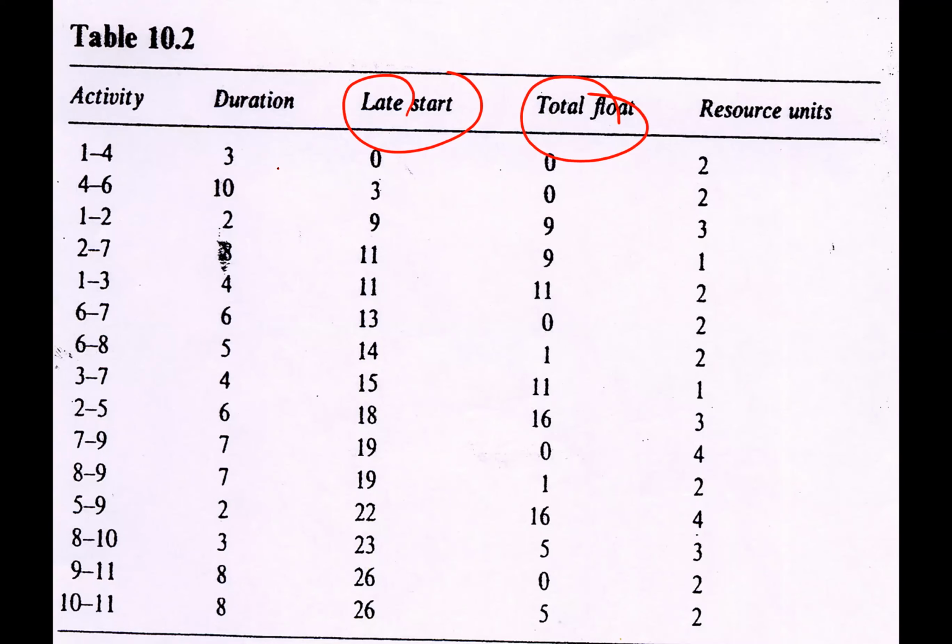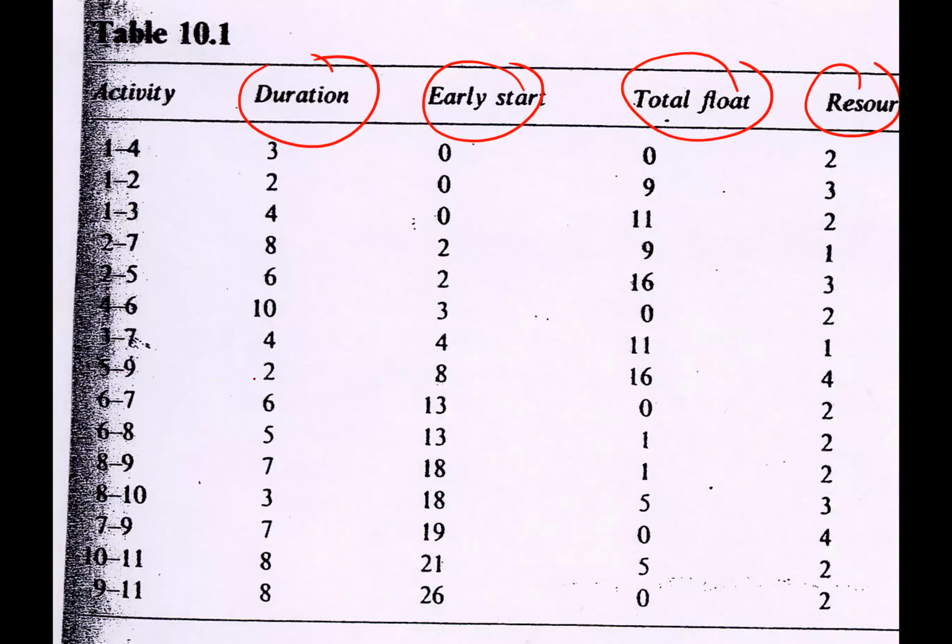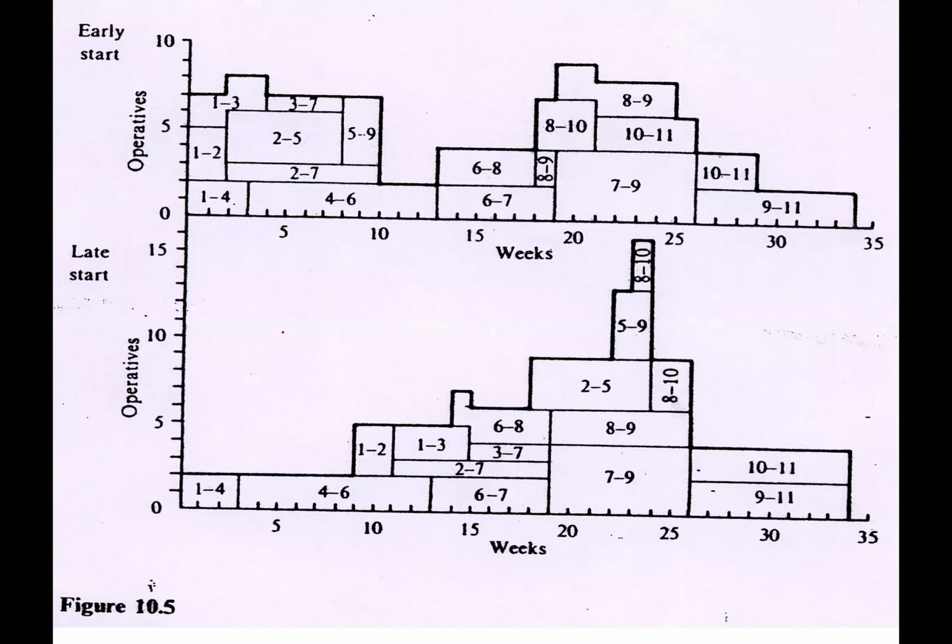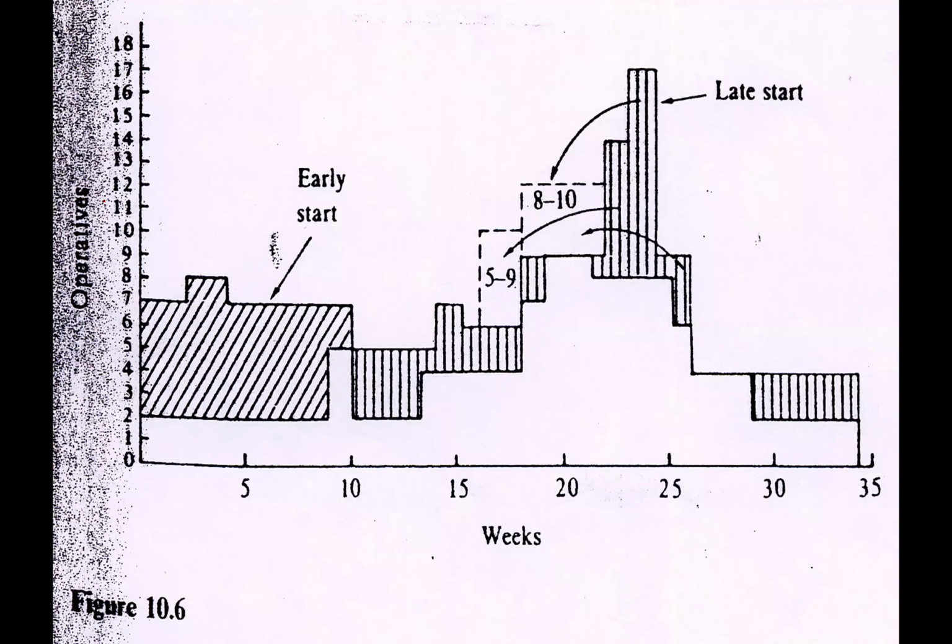This is the sorting of activity already, and then the plotting. This is based on early start. This is based on late start. So which one do you prefer? In the academic concept, we can even make overlapping.